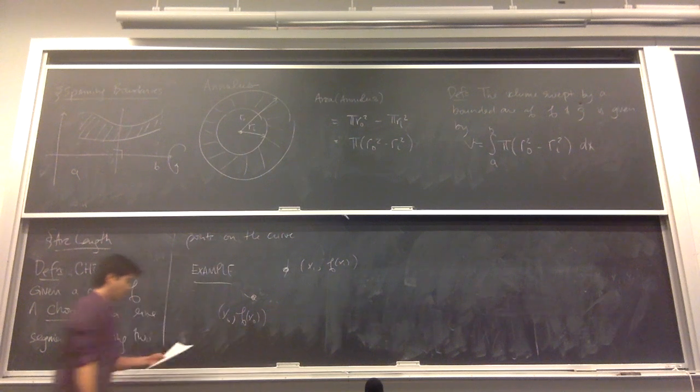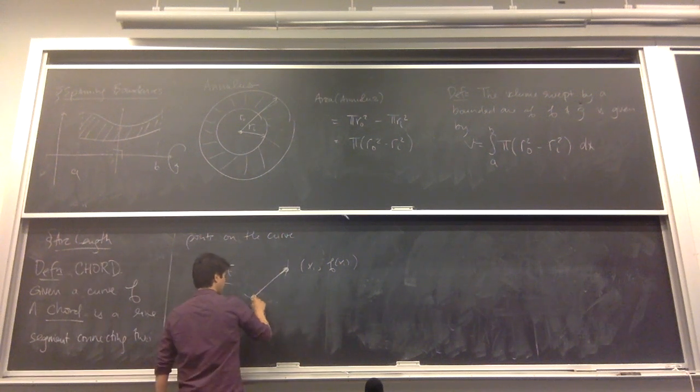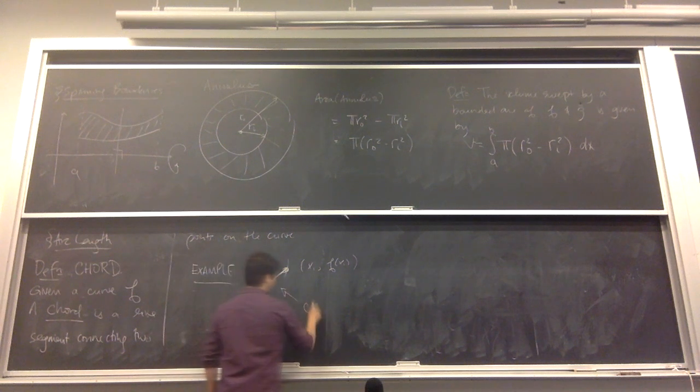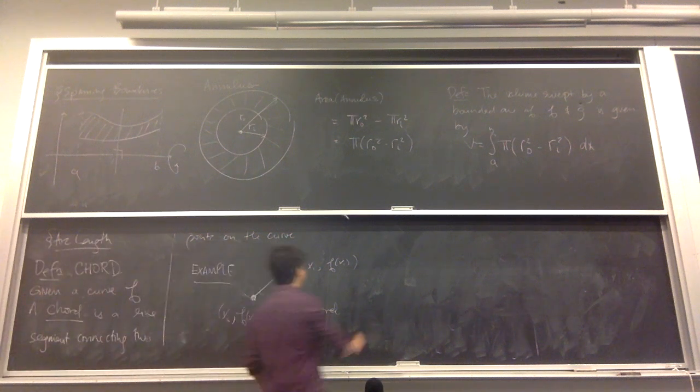These are just arbitrarily chosen labels. And this is the chord. Is everyone okay with that? Because I'm just going to say chord. And a chord is just a line segment that connects 2 points on a plot.